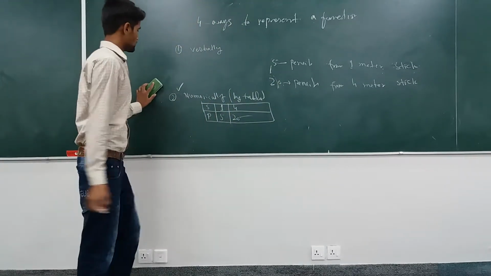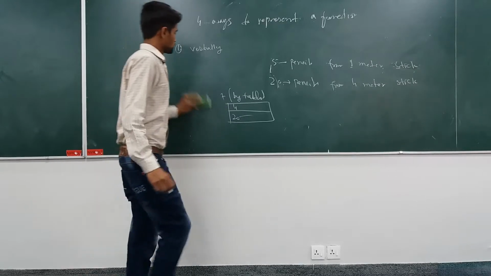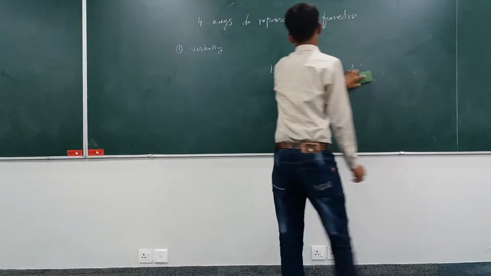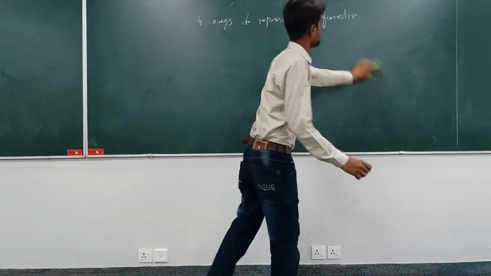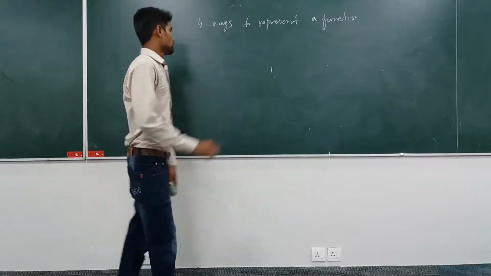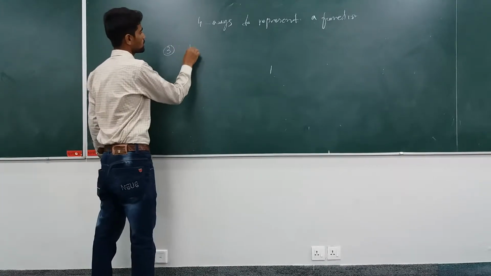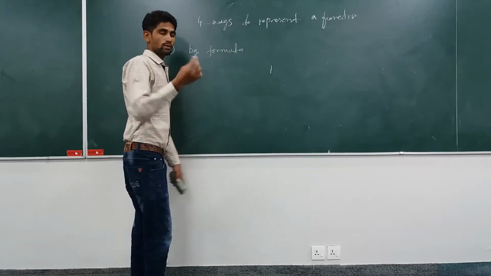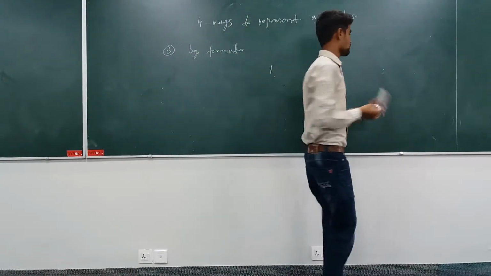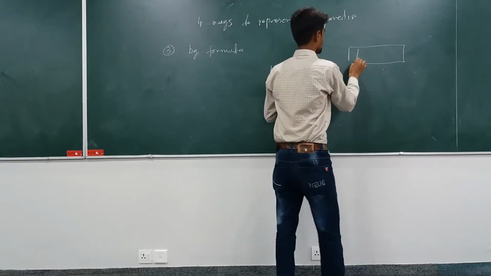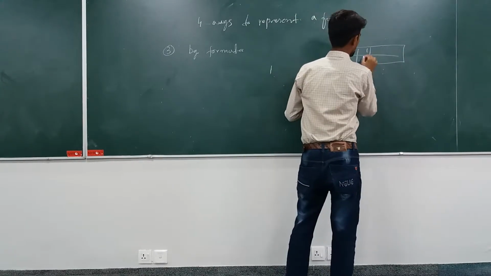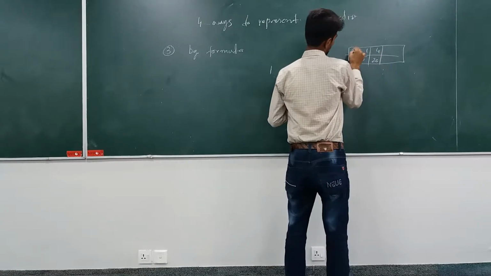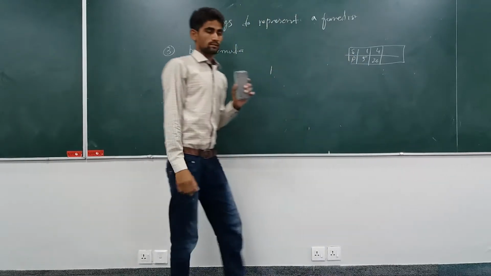Now carry on to the third type, which is by means of a formula. From the previous type, we had the pairs 1 and 5, 4 and 20, where the first is our stick and the second is our pencil.